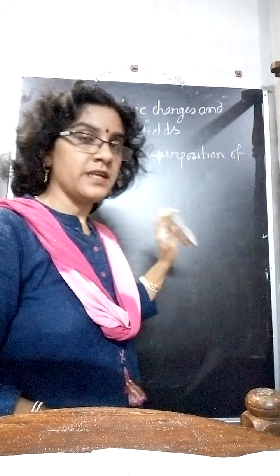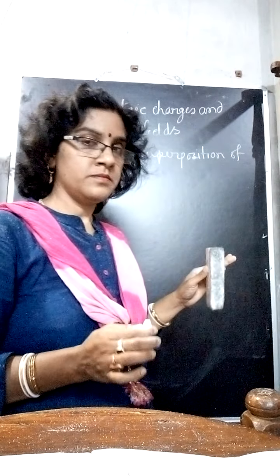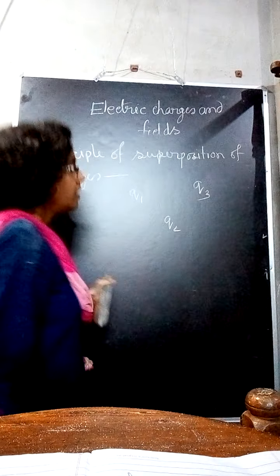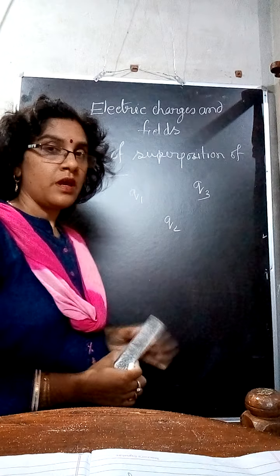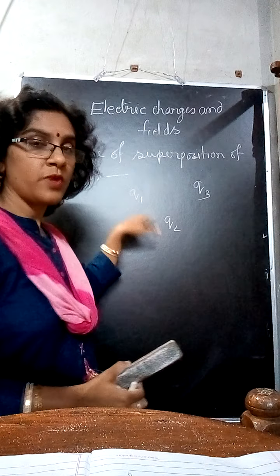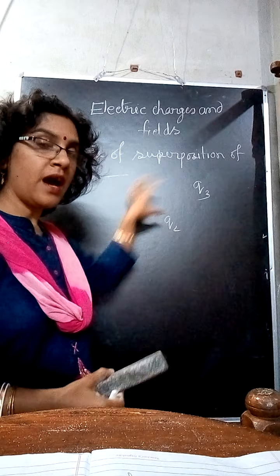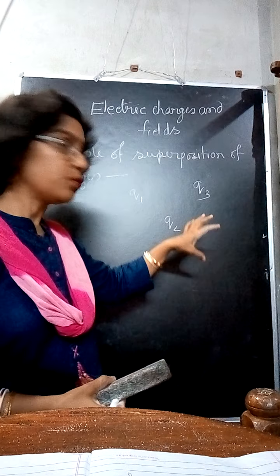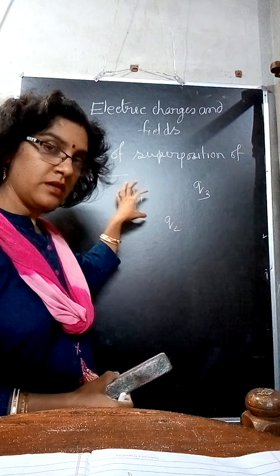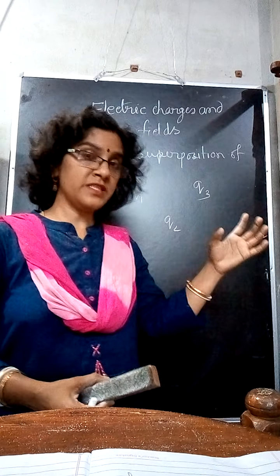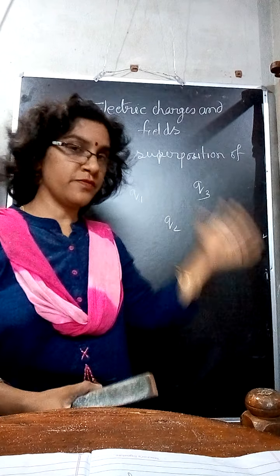Let us consider three point charge bodies in a system, Q1, Q2, Q3. As there are three point charge bodies, on any charge body the other two charge bodies will exert an electrostatic force.